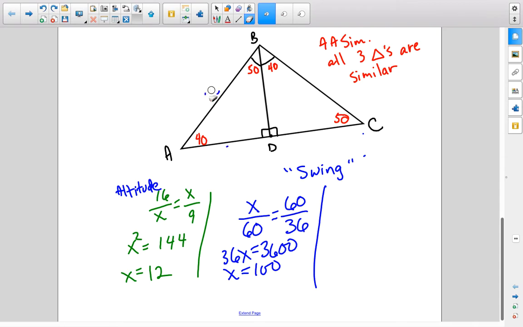Okay, so let's look at some numbers, and let's say we're going the other way. So let's say, trying to get some numbers that are something different. So let's say this time we're looking for, we'll go with purple, we're looking for this leg.